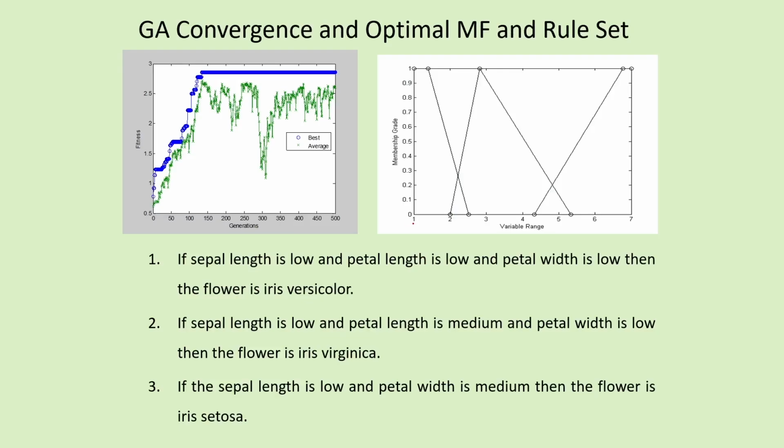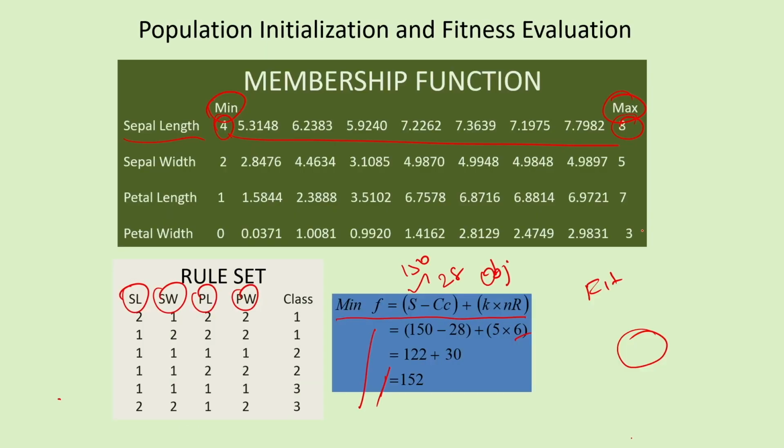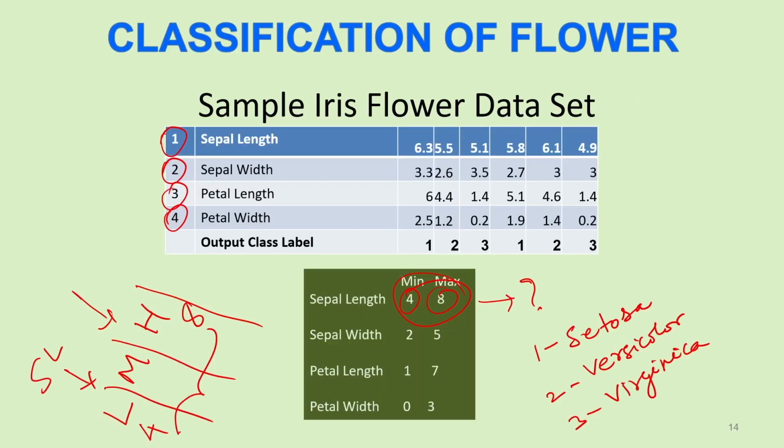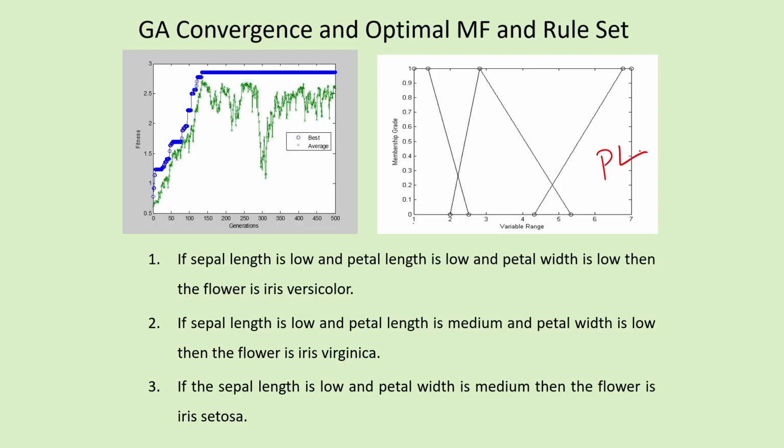See, 127 maybe is the range of petal length here. So the obtained membership function is displayed for simplicity. This is petal length 127. After that, here 1 is there, here P1, this is P2, this is P3. So what is this point? P1 is 0, P2 is 0, what is P3?